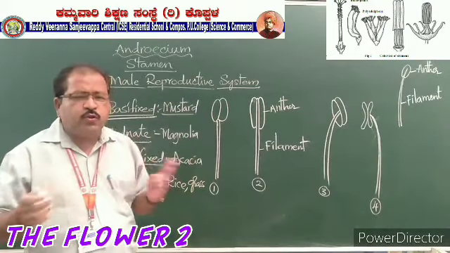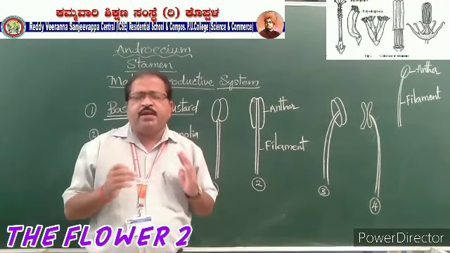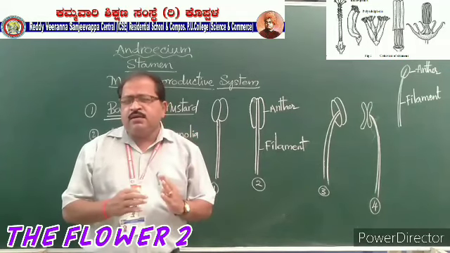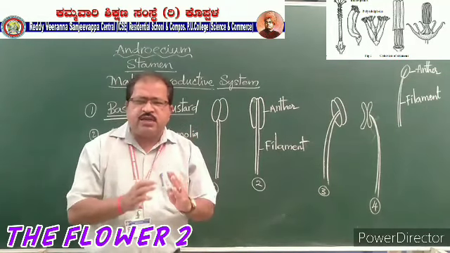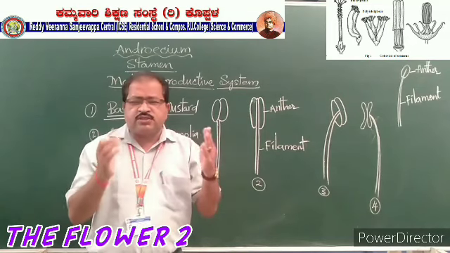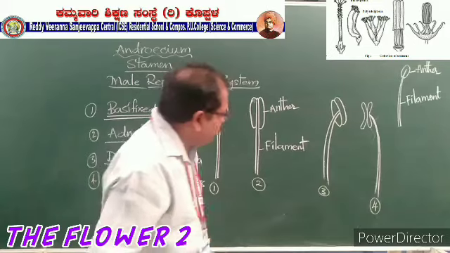Also, because of the arrangement of the stamens, that is, fusing of stamens, fusing of anthers or fusing of filaments, these stamens fall into different categories. Let me explain those also.